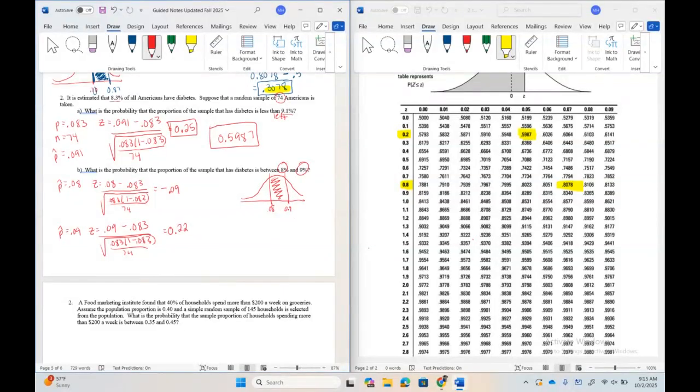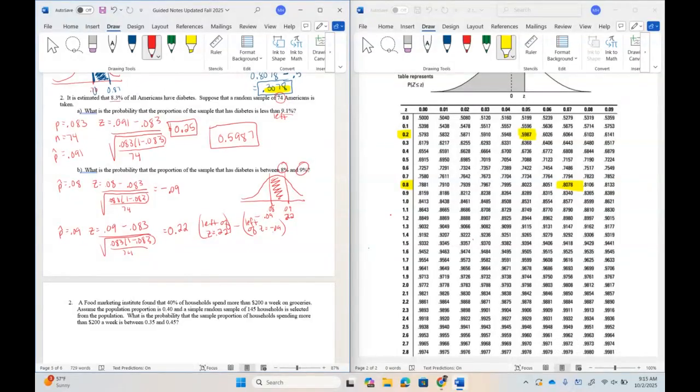So I'm going to find the area to the left of z equaling 0.22, and I'm going to subtract the area to the left of z equaling negative 0.09. And that's going to be my answer.